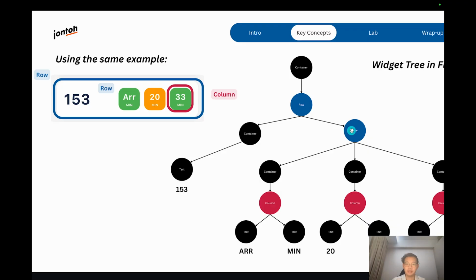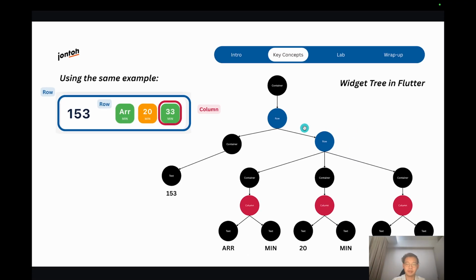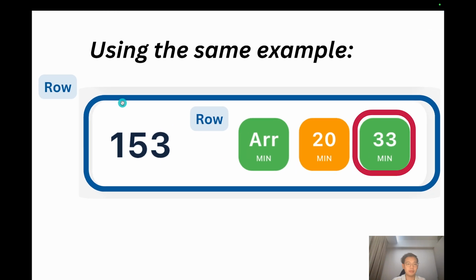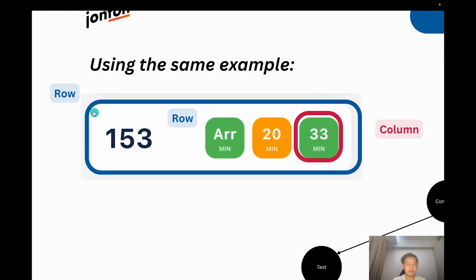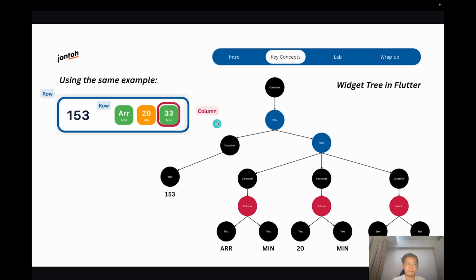So outer row, inner row, and with that we'll have the main row, the outer row, wrapped with the container. Why do we need a container? Because we will have rounded corners and of course this white background that we declare.